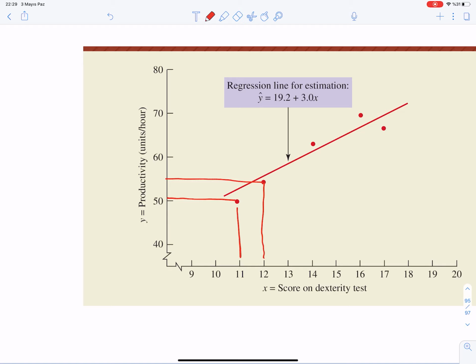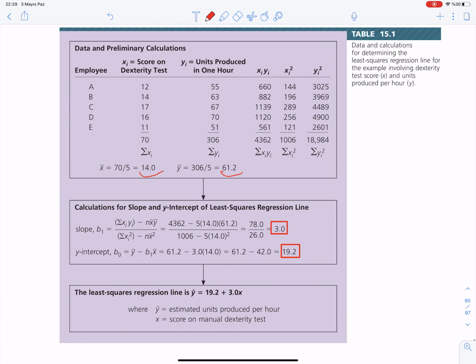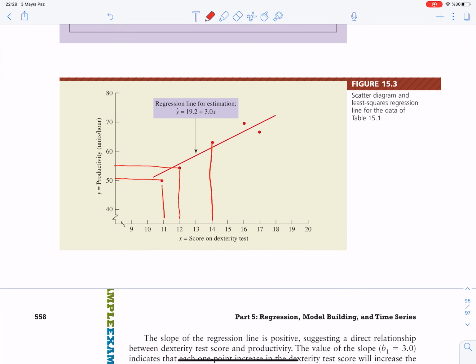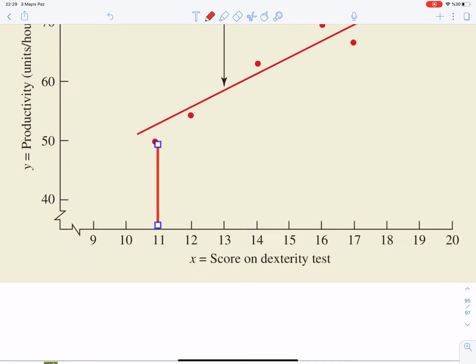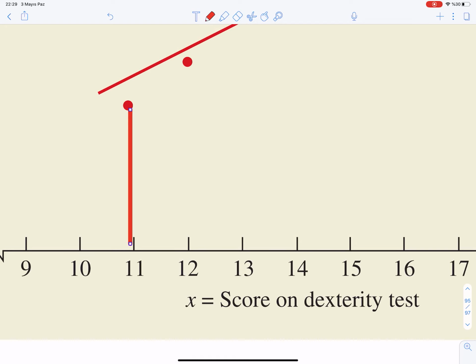And for 14, it is 63, so somewhere here. Let me draw all of this with a straight line to clarify.